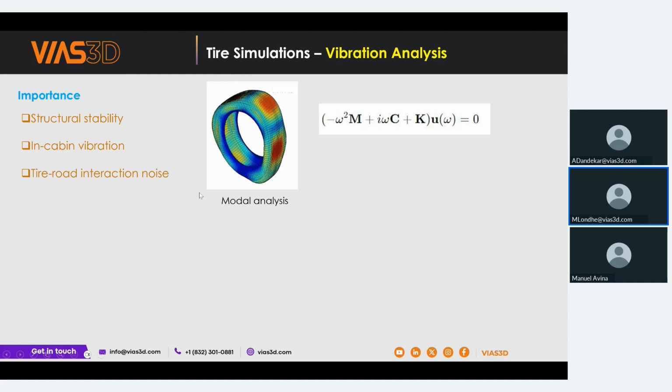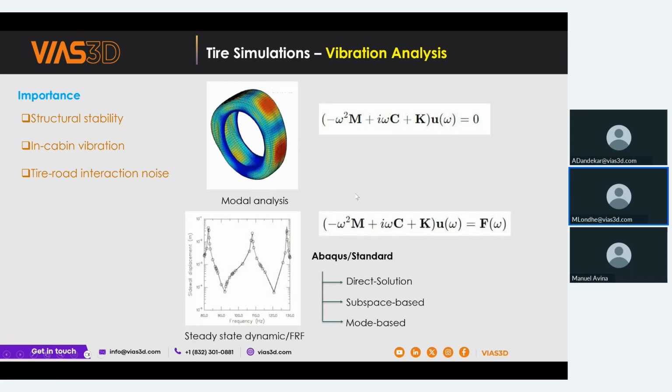In Abaqus, basically two analyses are performed. First is the free vibration, the modal analysis, where you find the tire's natural frequencies and corresponding mode shapes. Here the governing equation used is the equation of motion. In the second, we use the forced vibration, generally known as the steady state dynamic analysis, where FRF plots are developed, and from that the key resonant frequencies are found.